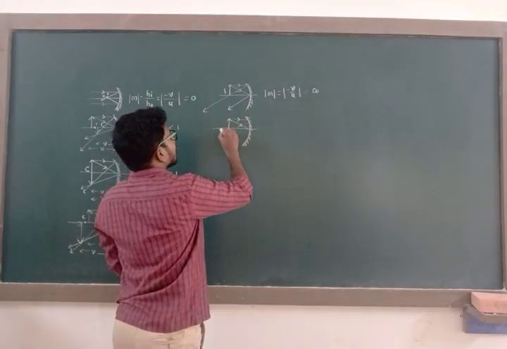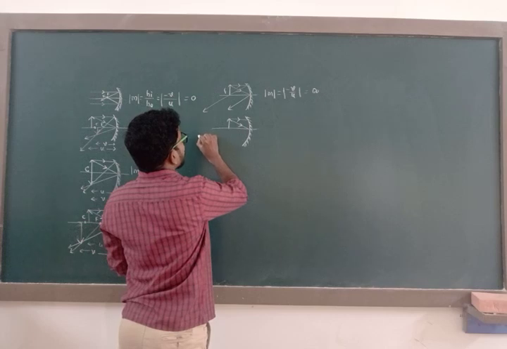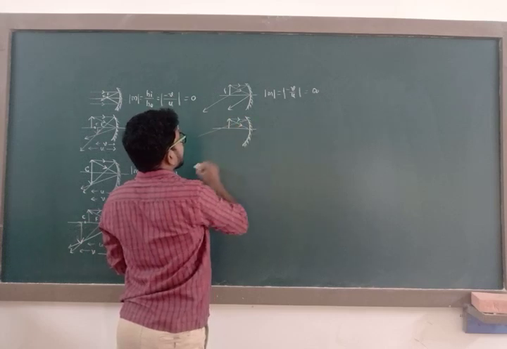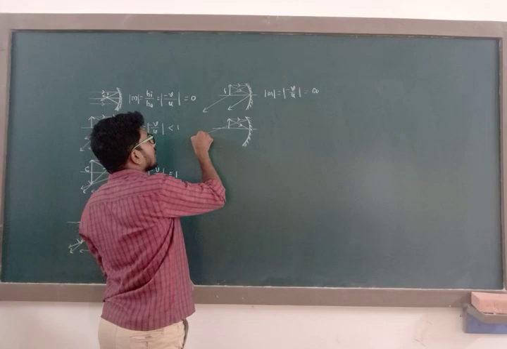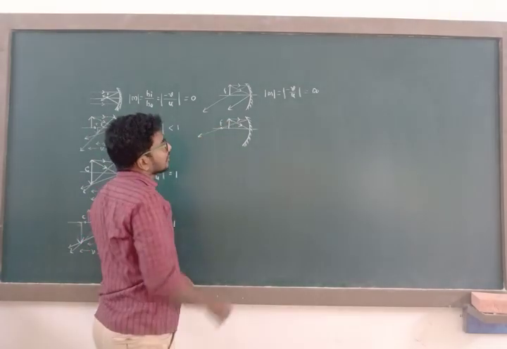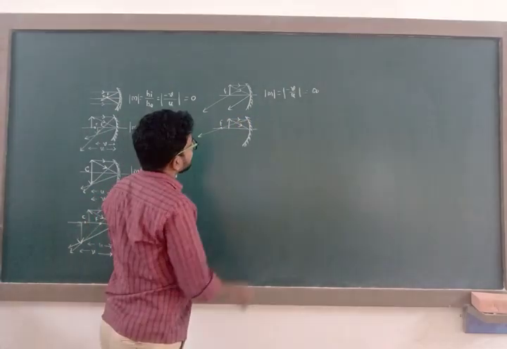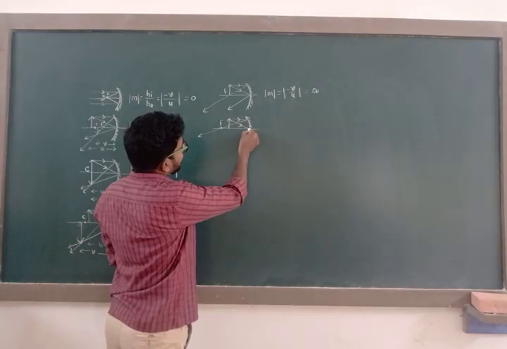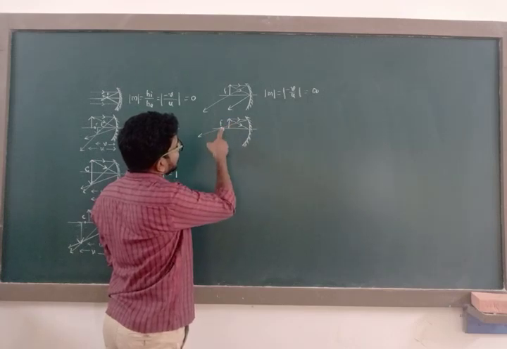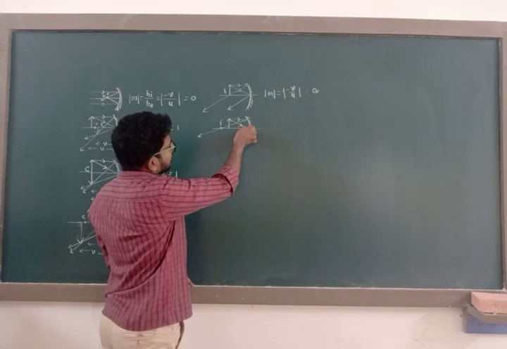Then the light ray passes through the principal focus, and the oblique incident light ray gives a reflected light ray that is also oblique to the principal axis.